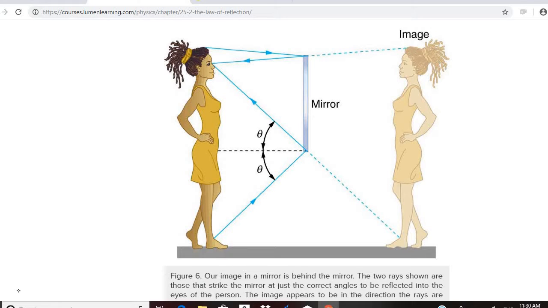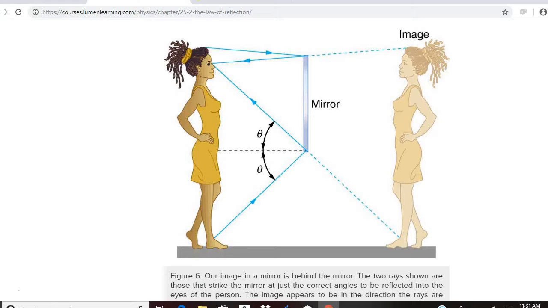So if we look at what happens in a flat mirror, light shines on you from the light in the room, and then the light will bounce off of you, and some of it will hit the mirror, and then it will reflect off of the mirror, and at a certain angle of incidence, the light will be reflected into your eyes.